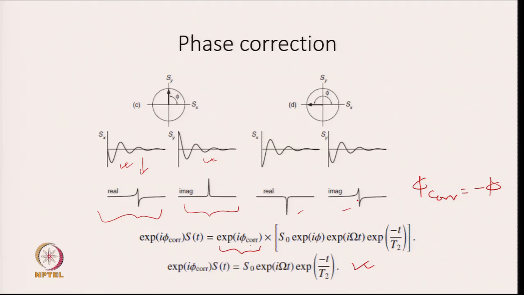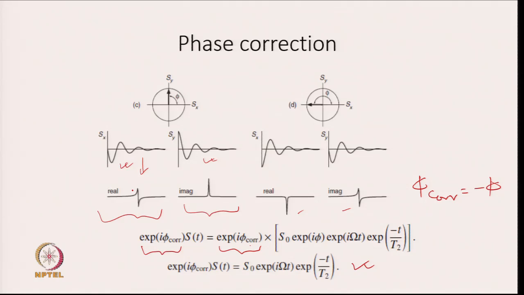The only thing is that the way we do phase correction is that you multiply by a correction factor which is equal to exponential i phi correct, and when you do that, you can see the change in the shape of the real and imaginary parts.